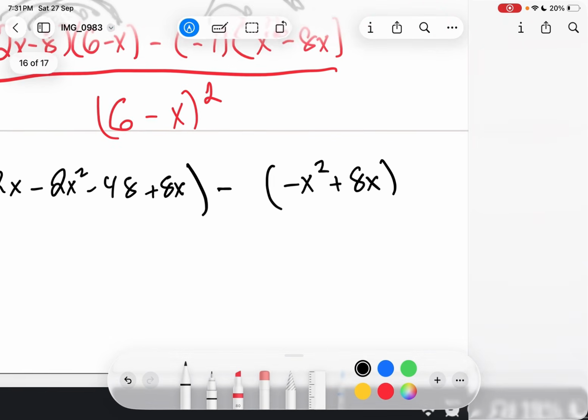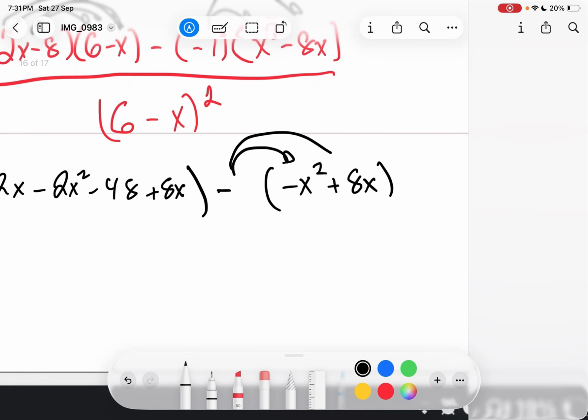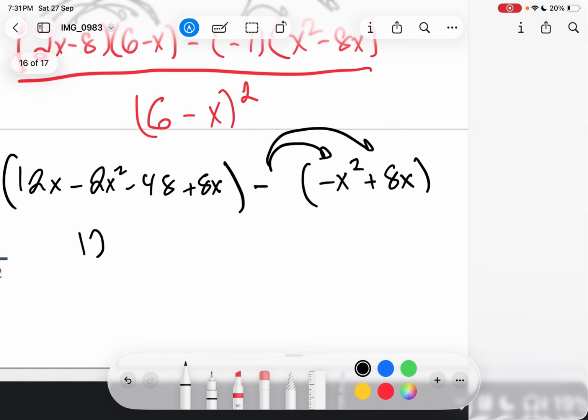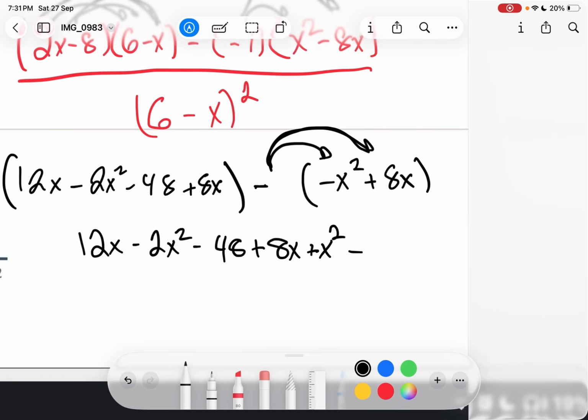And then you want to times it by minus here. So it will be 12x minus 2x squared minus 48 plus 8x, minus x plus x squared, plus minus 8x.